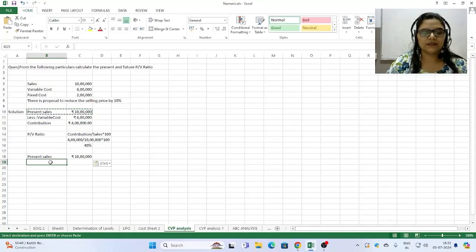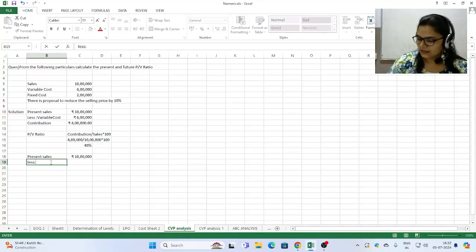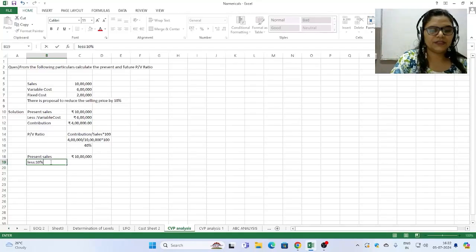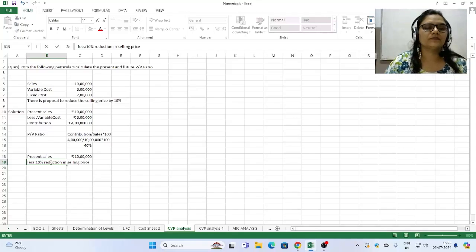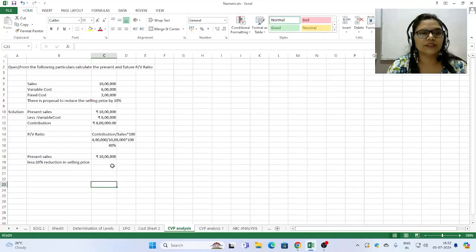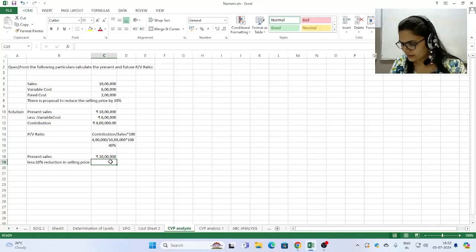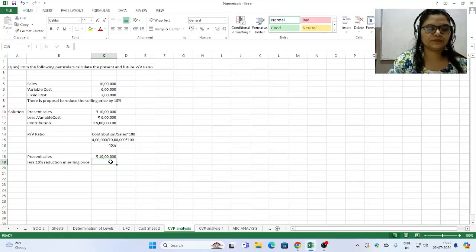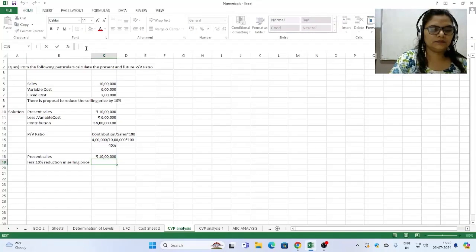Then we will deduct 10% from this. 10% reduction in selling price gives 1 lakh.